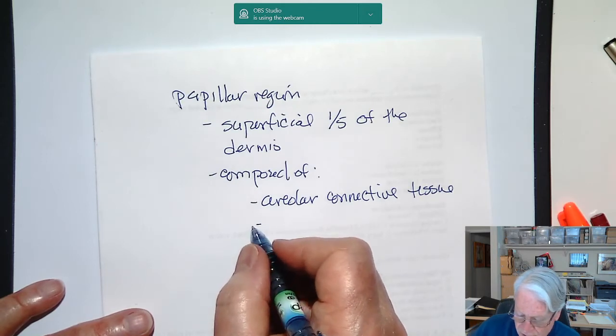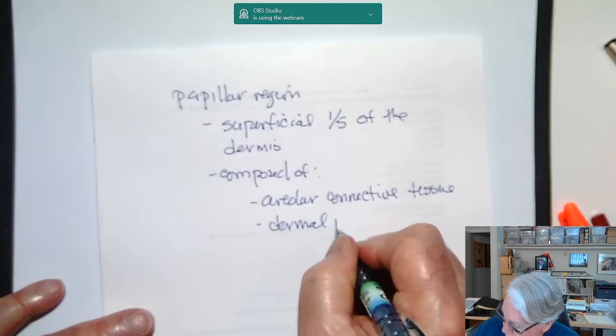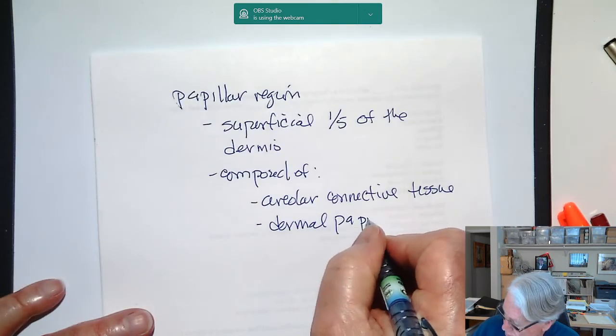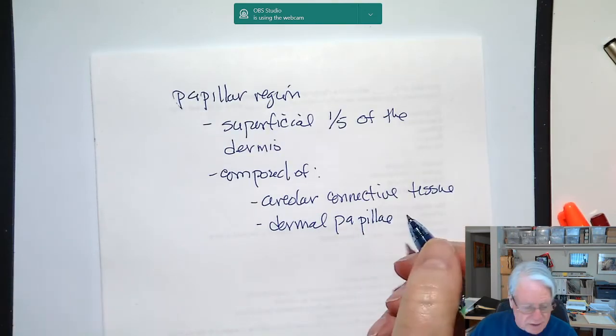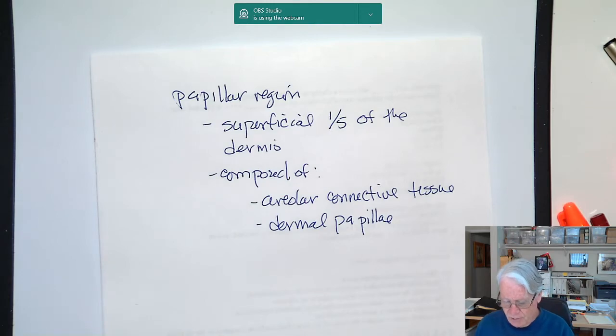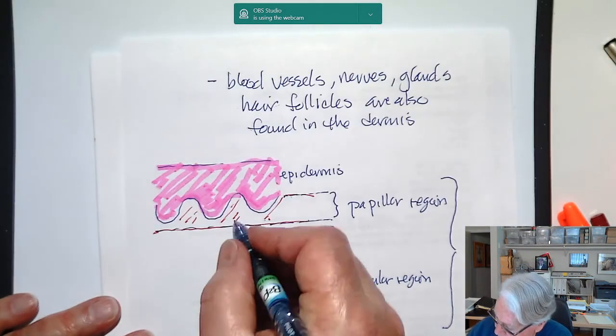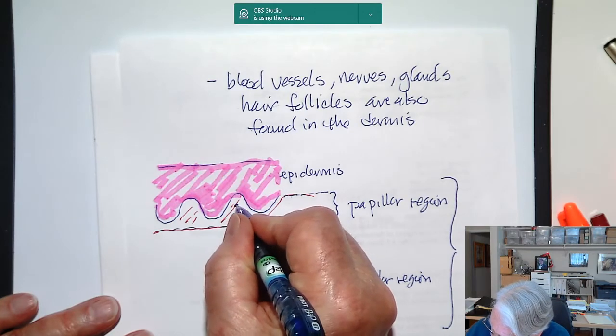there are dermal papillae, and let's just for a moment come back to our drawing and identify what those are. So the dermal papillae are these hills.